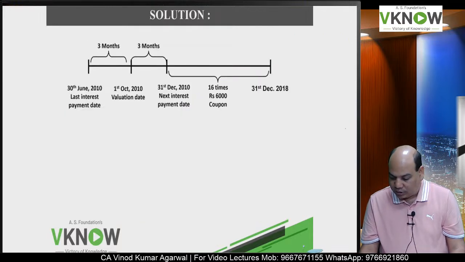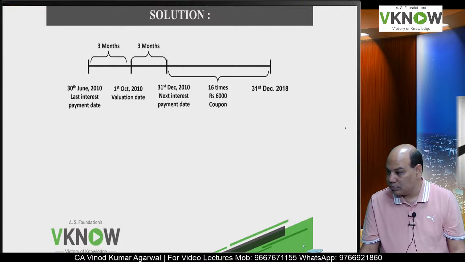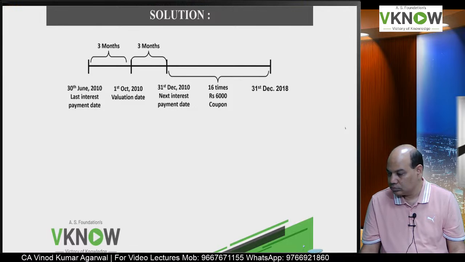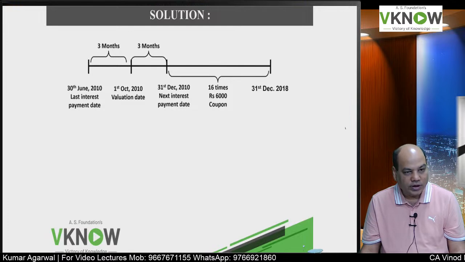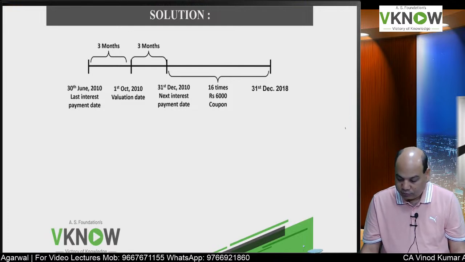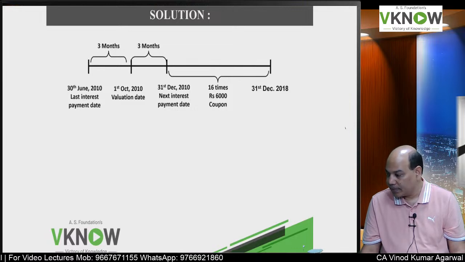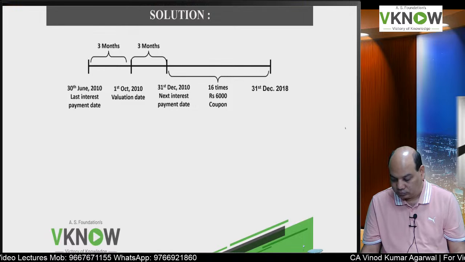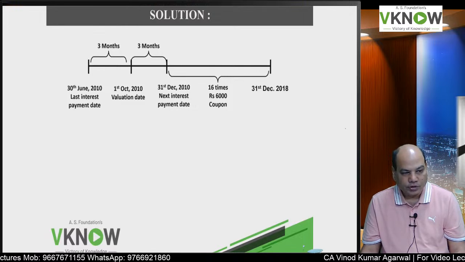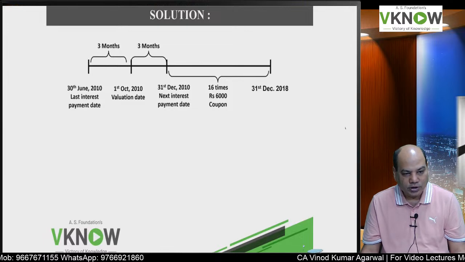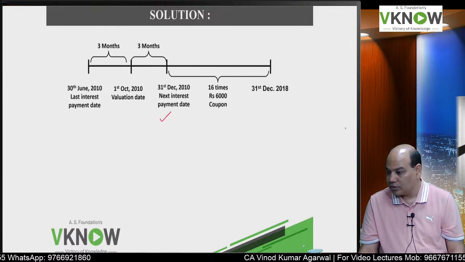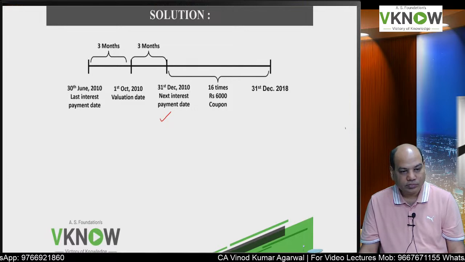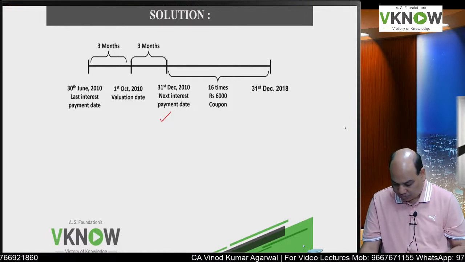Write down. First we'll draw one timeline. So students will write: 30th June 2010 is the last interest payment date. 1st October 2010 is the valuation date. 31st December 2010 is the next interest payment date.